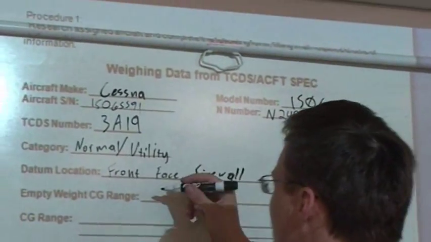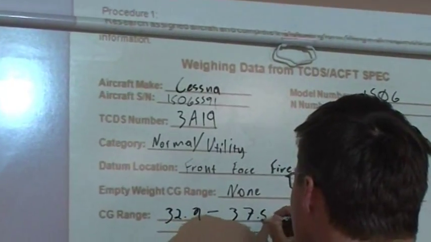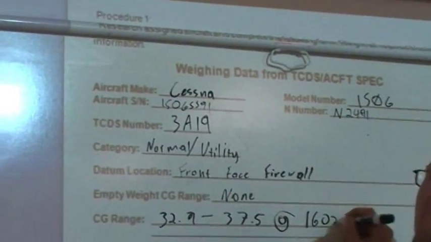The empty CG range is none, according to the TCDS. And our CG range, we are going to be using 32.9 to 37.5 at 1,600 pounds.